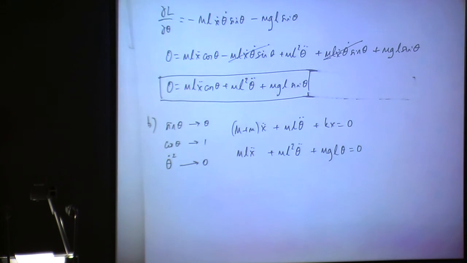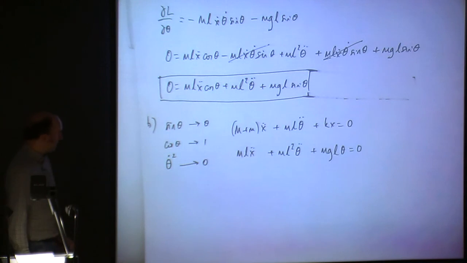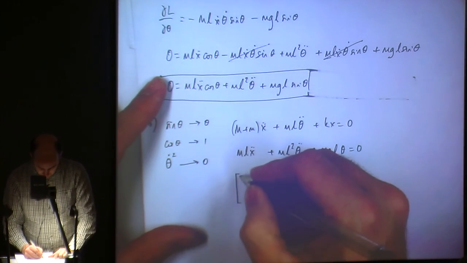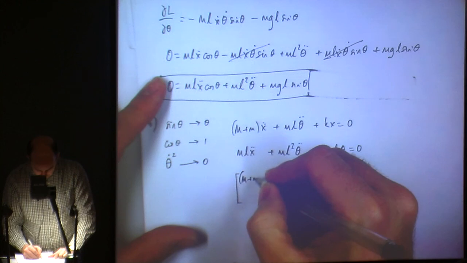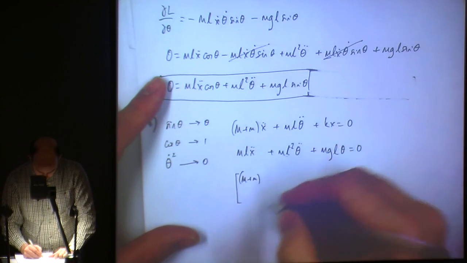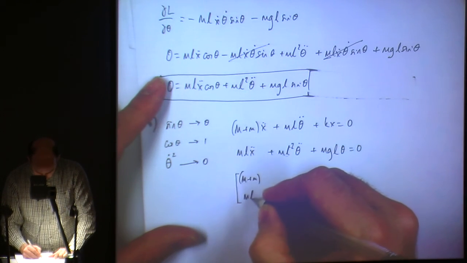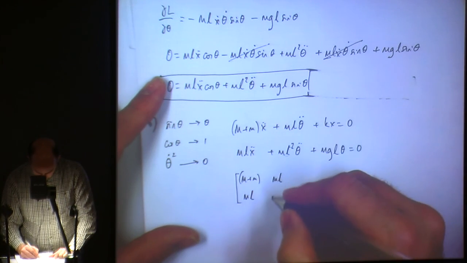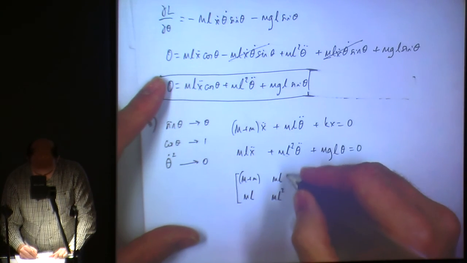So there's my simplified equations, and I can actually write this in matrix form because it's now a linear system. So my mass matrix looks like this: m plus m, and then we've got ml here, ml times theta double dot, and ml squared times theta double dot.